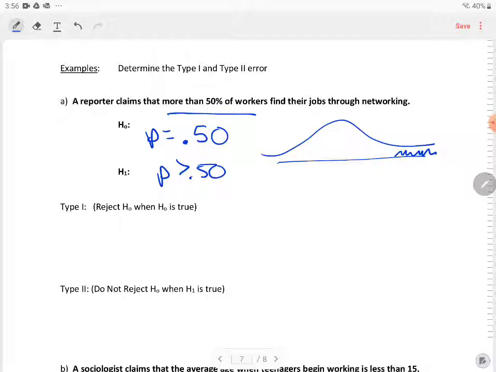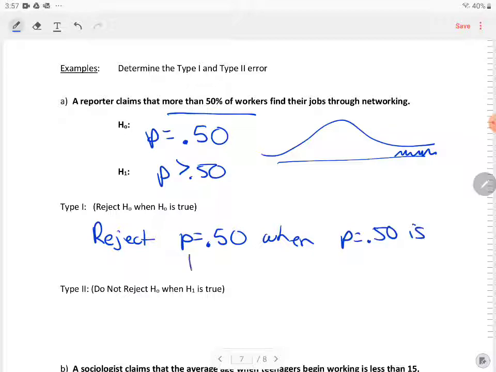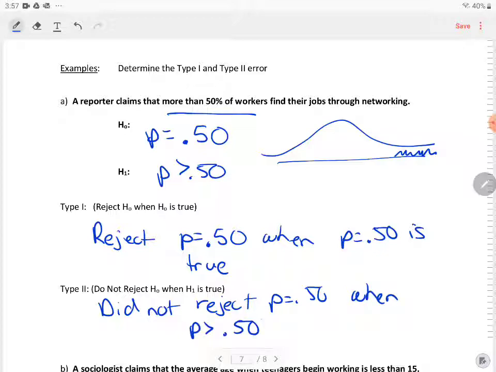If you reject H0 when H1 is true, we're going to reject p equals 0.50 when p equals 0.50 is true. If you do not reject, you did not reject p equals 0.50 when p is greater than 0.50.